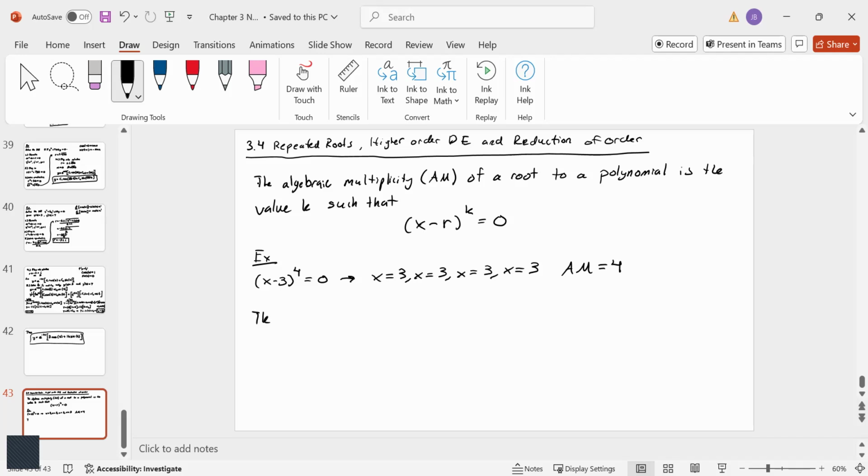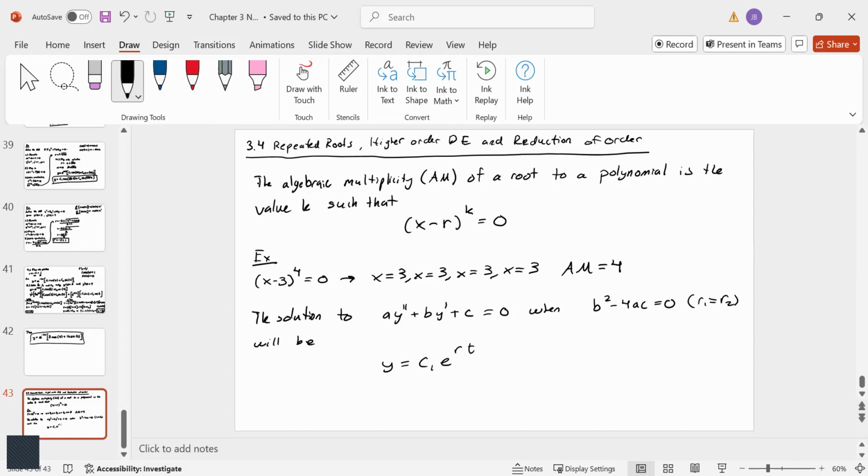So the solution to ay'' + by' + cy = 0 when b^2 - 4ac is equal to 0, i.e. you have repeated roots, r1 is equal to r2, will be y = c1 e^(rt). It's r because r1 is equal to r2.